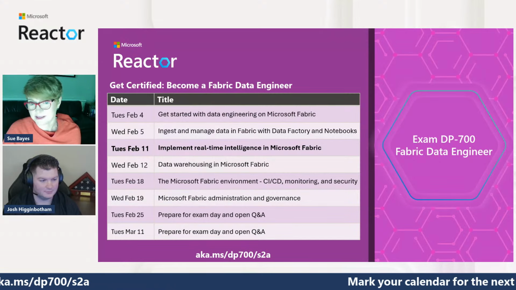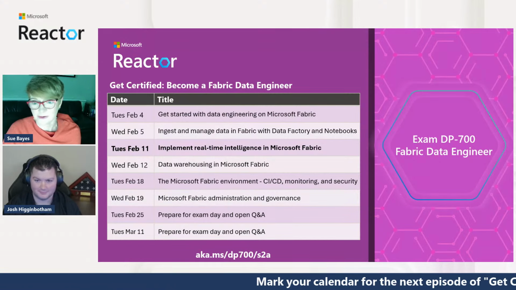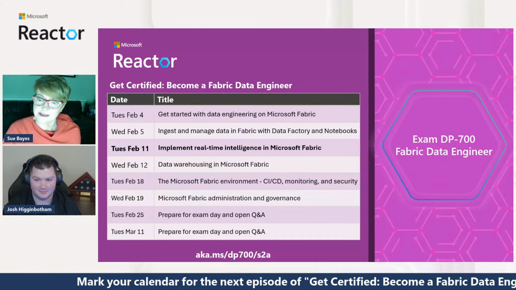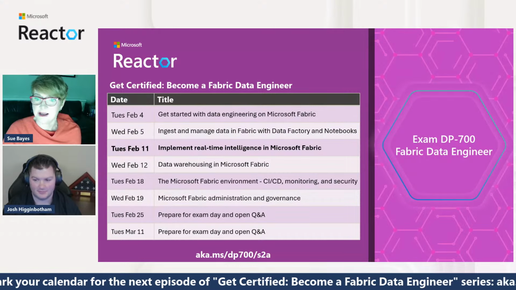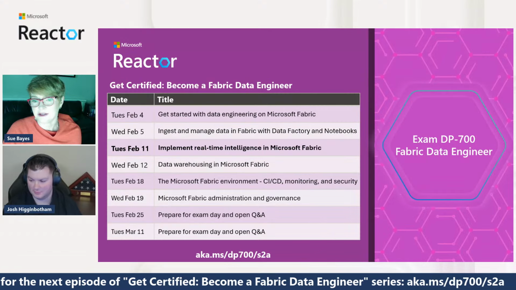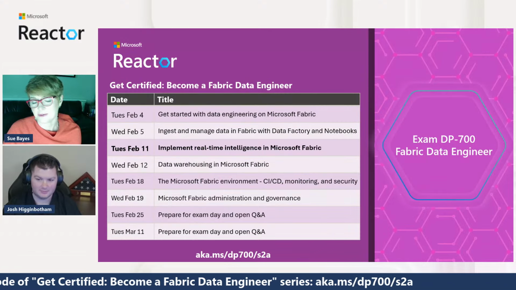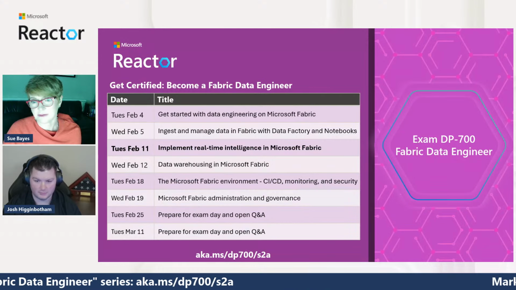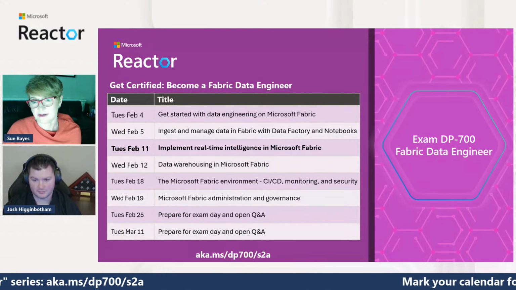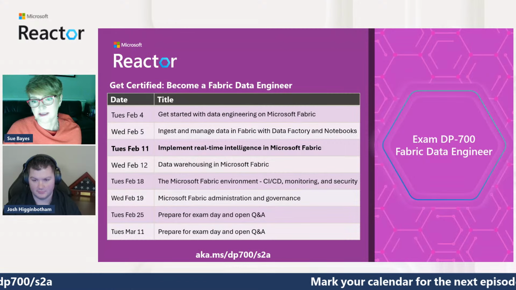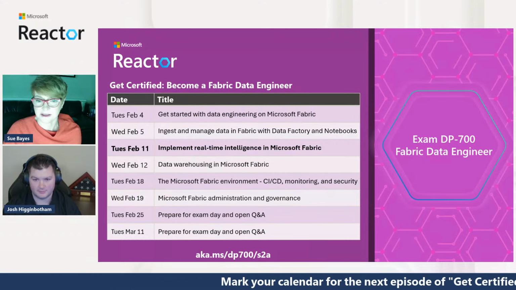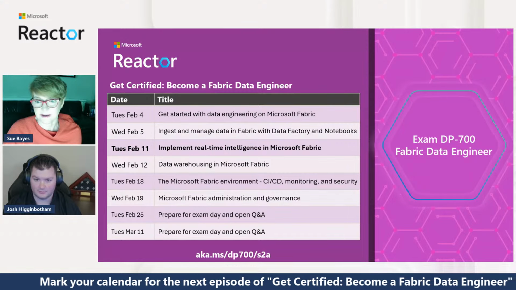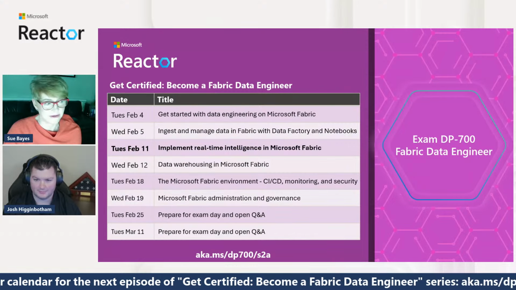And even though I've passed the DP-700, I'm still going to join because you can always learn. And then we have the Fabric environment, CI/CD, monitoring and security. And then we have administration and governance. So between the 6 sessions, that gives you a really good understanding of the different modules within the DP-700. And then you've got 2 days of exam prep and question and answers, which I hope will help you get ready for sitting your DP-700.